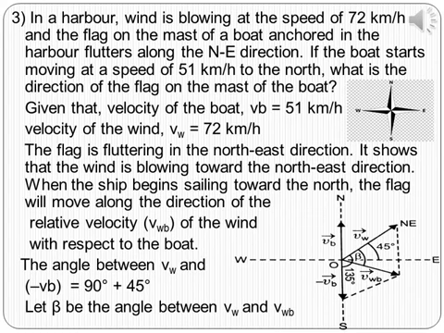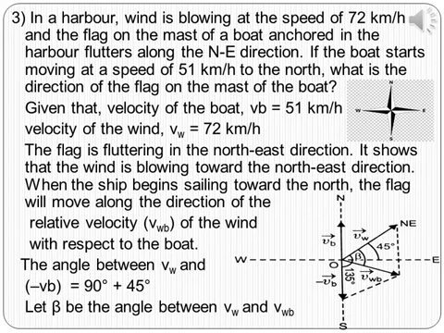And the third question is, in a harbor, wind is blowing at the speed of 72 km per hour and the flag on the mast of a boat anchored in the harbor flutters along the northeast direction.